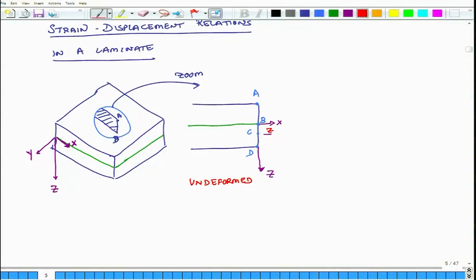This is the undeformed situation. Now, when I put some load on this composite plate, so I can put some extra mass or weight, then this composite plate is going to bend. So, what I will do is draw the bent configuration also.